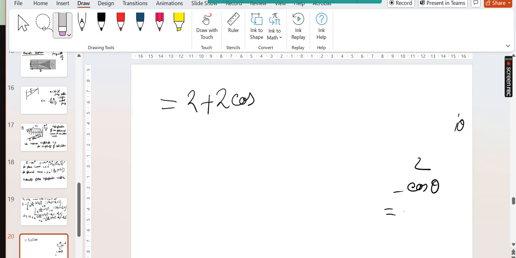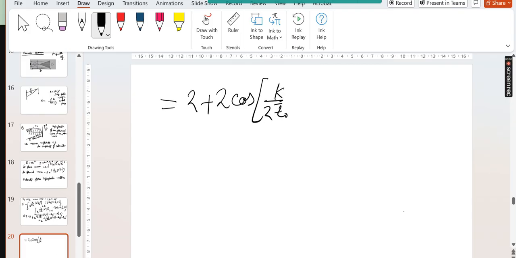Theta is here, k by 2z0 x square plus y square minus k y y minus k z z.